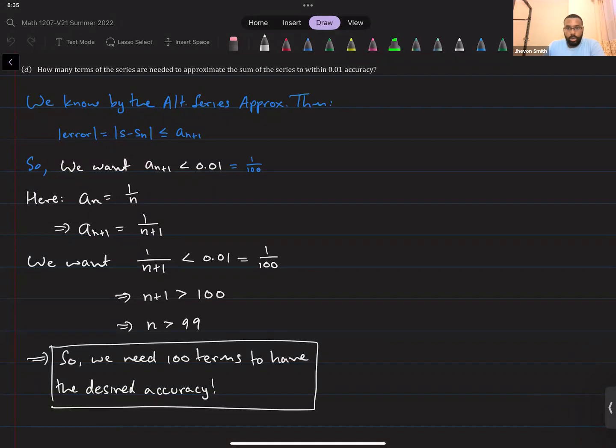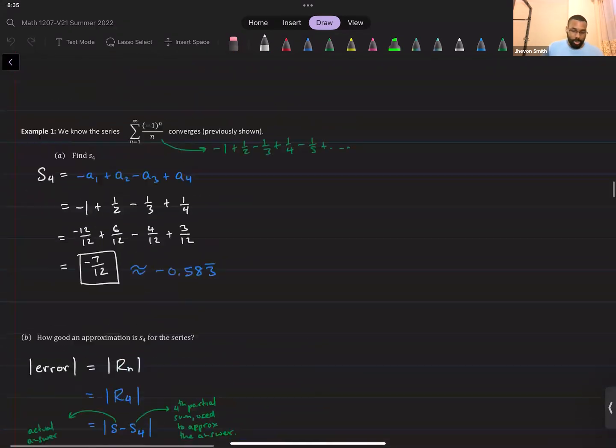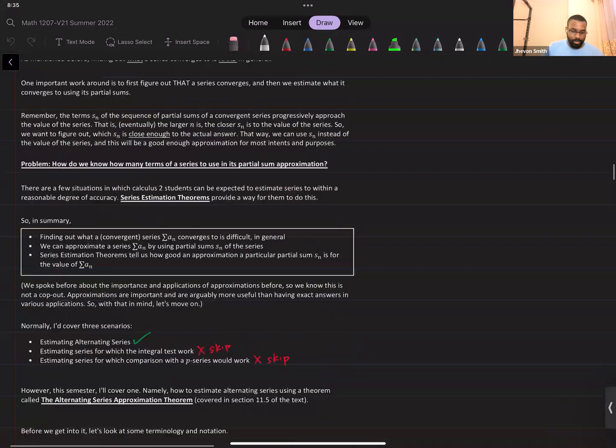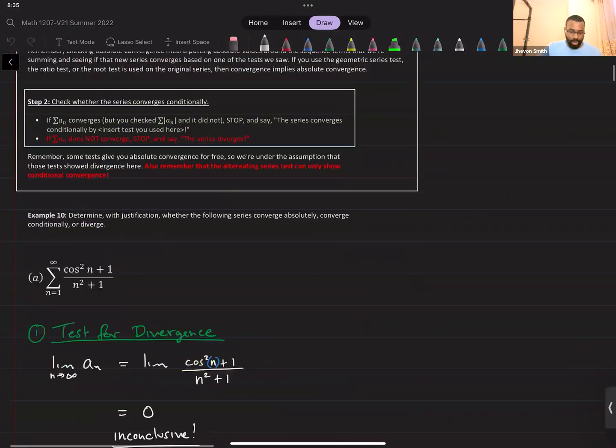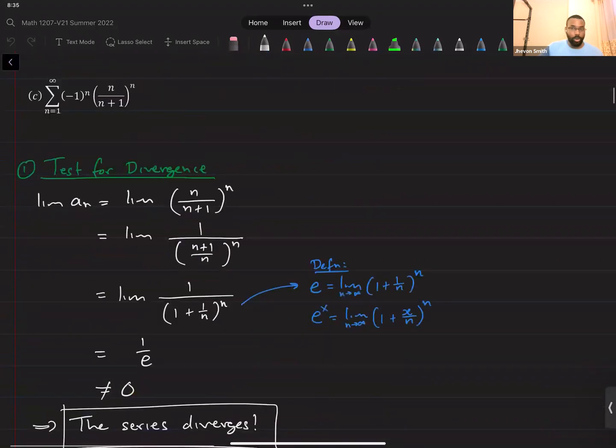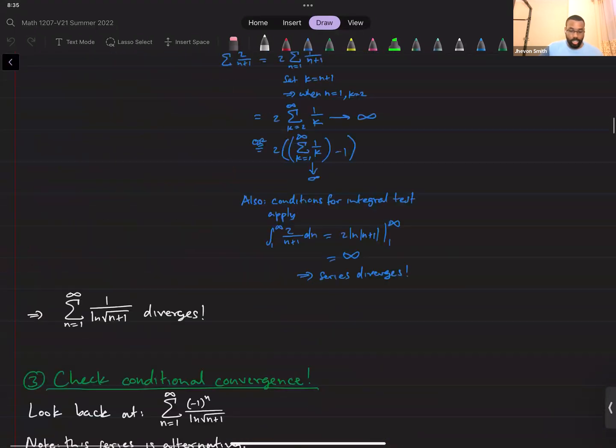All right, we are back. So we just spoke about a lot of things. Absolute convergence versus conditional versus divergence. We spoke about how to approach series convergence problems in general.